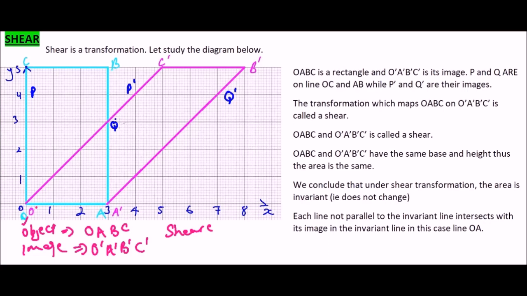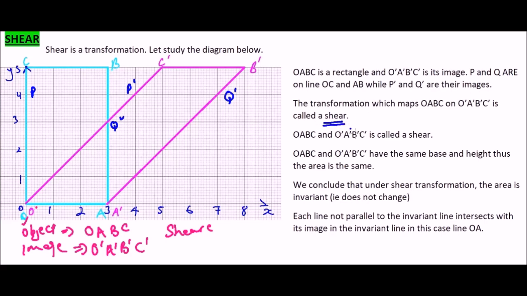This is our Q. So we can say, and our PQ prime, this is P prime and this is Q prime, are their images. The transformation which maps rectangle OABC on OABC prime is called a shear.